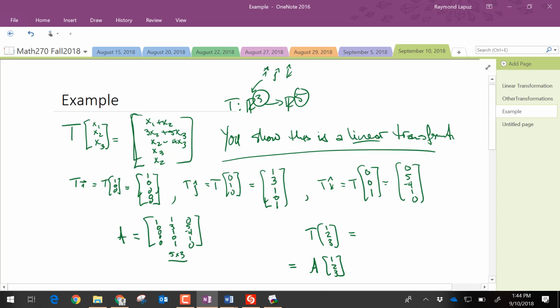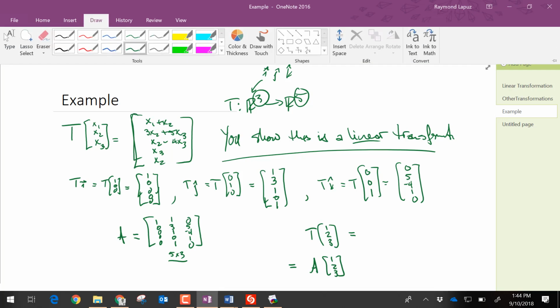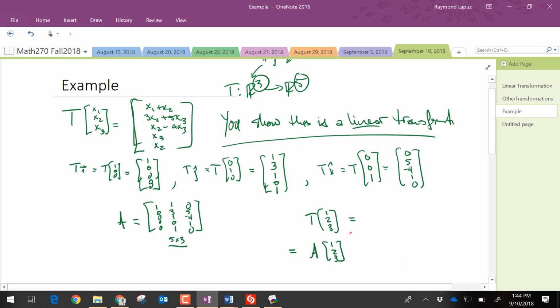So we can check that. x1 is equal to 1, x2 is equal to 2, and x3 is equal to 3.